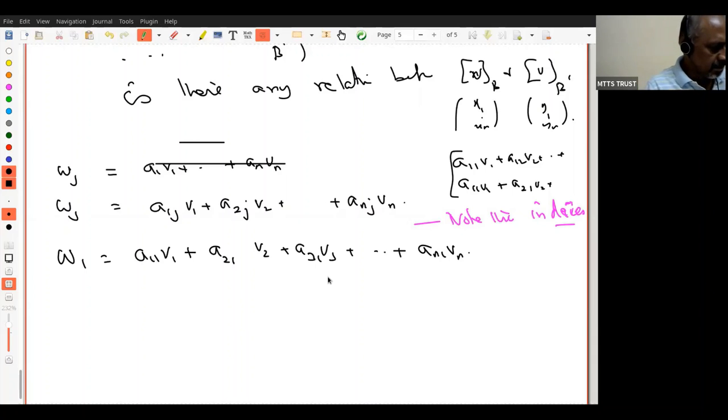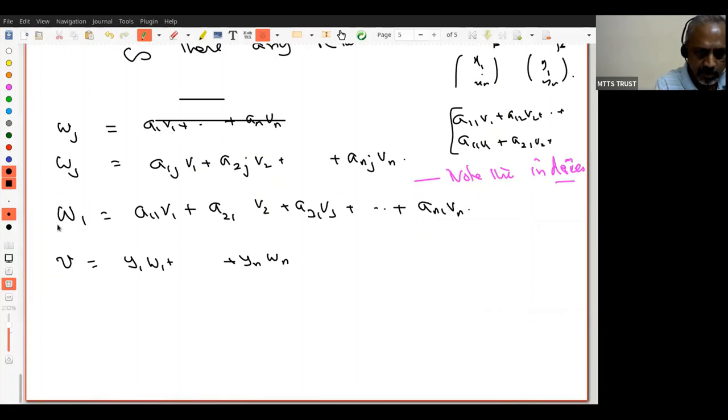Right? And similarly, now let's do that. So start with the vector V and suppose its coordinates are y1 w1 plus yn wn. What do I want? I want to find the relation between y1 to yn and x1, x2 to xn. You understand? Now w1 itself I have written as a linear combination of v1 to vn.